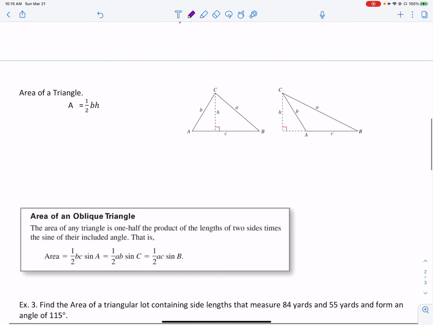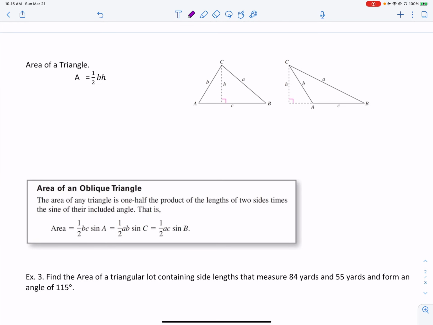Then we have a new formula for the area of a triangle. We've had the area of a triangle is 1/2 the base times the height.